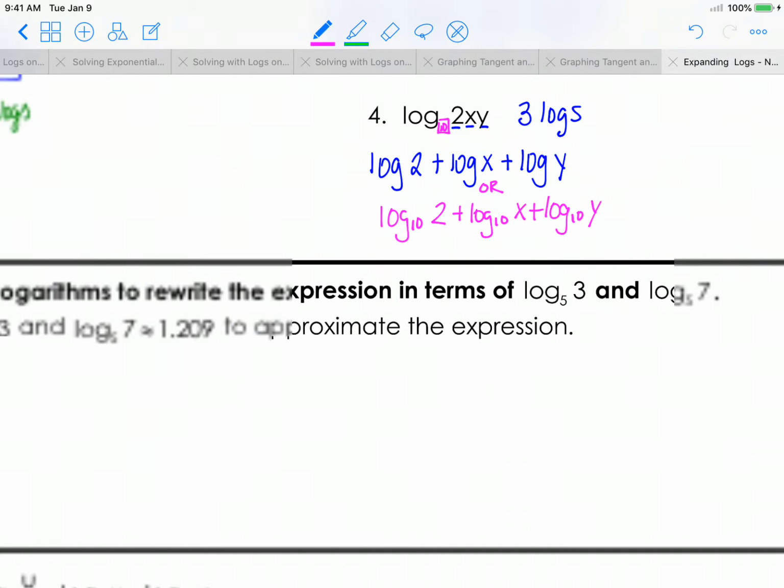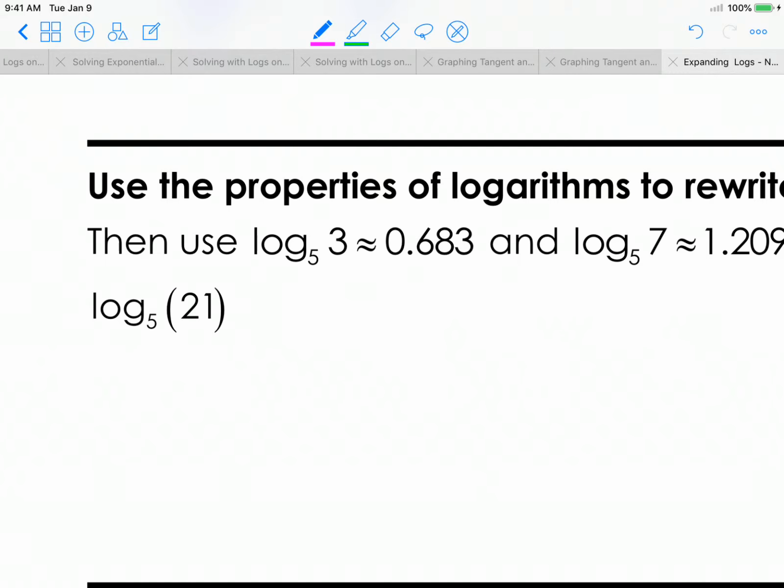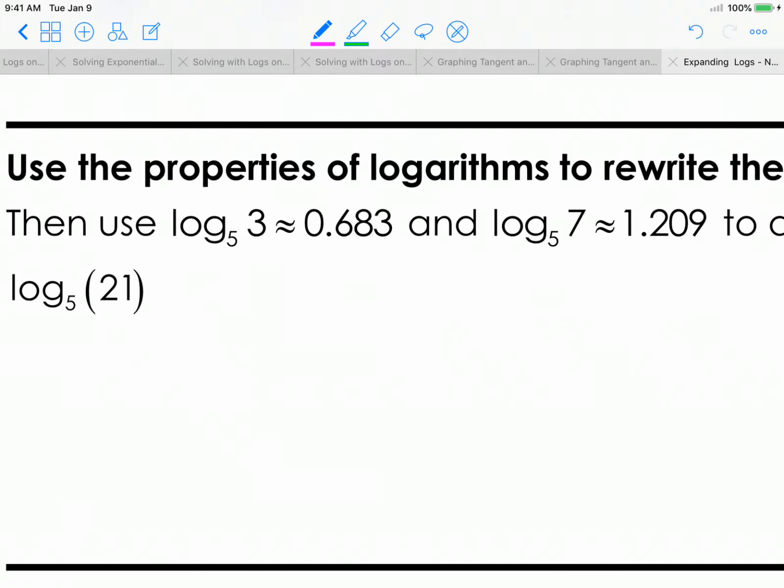Okay, so now let's go down and let's put this into practice. Okay, so now we're expanding this so that we can evaluate what the log base 5 of 21 is. So notice it gives you 2 numbers.